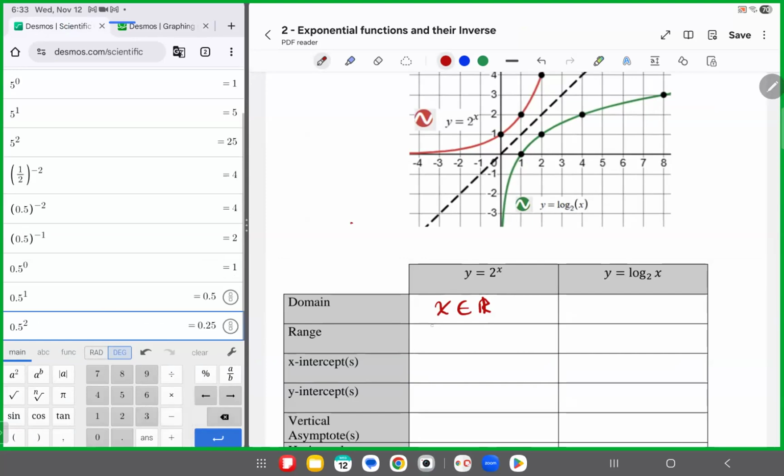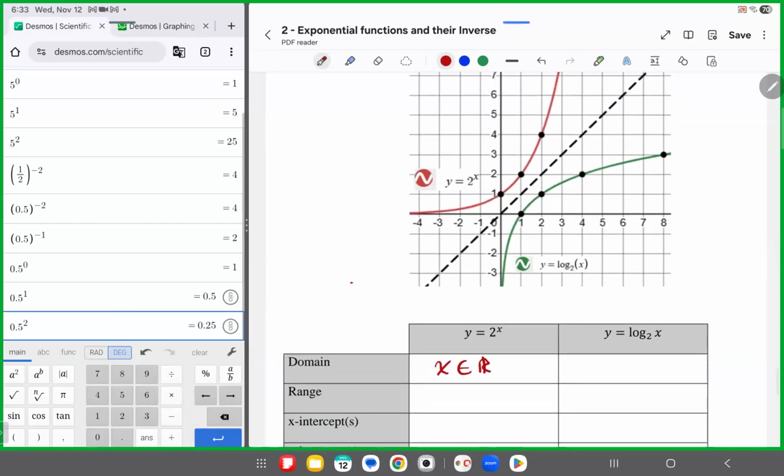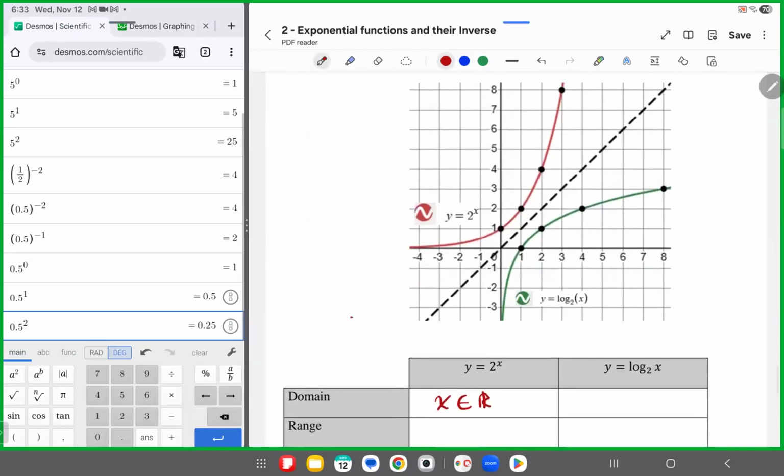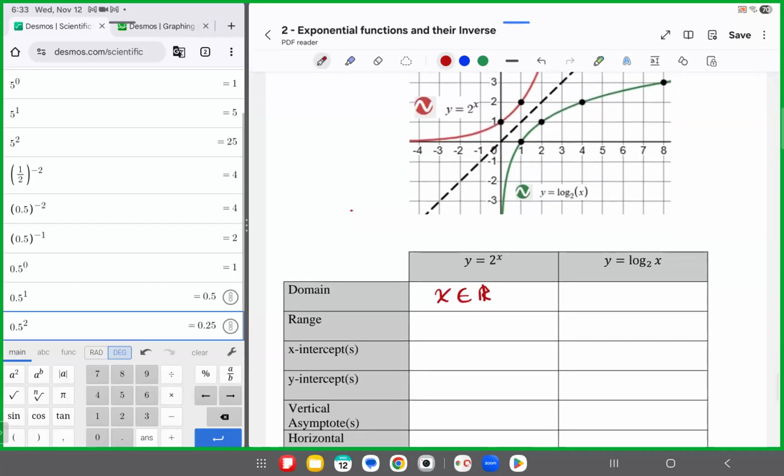And so that's why the domain is x is an element of all real numbers. However, for the range of y is equal to 2 to the power of x, if you notice, we can only have values above the x-axis. So we would say that y is an element of all real numbers, but y must be greater than 0.